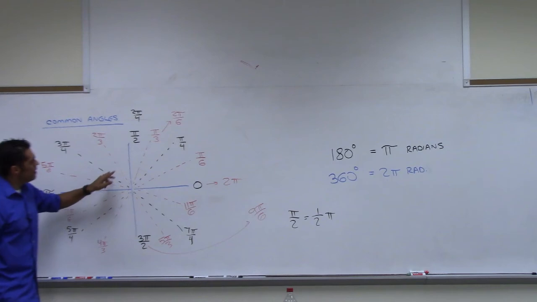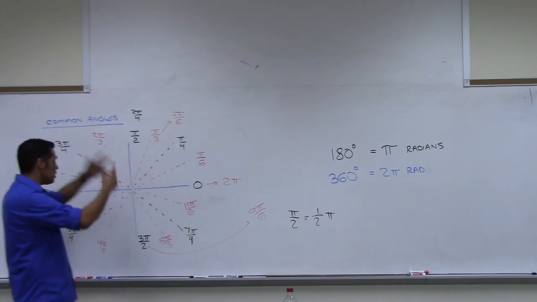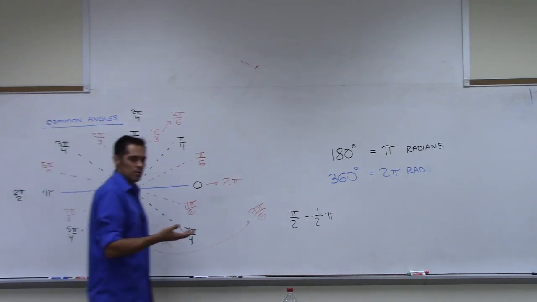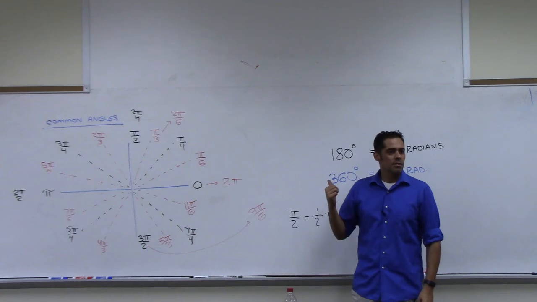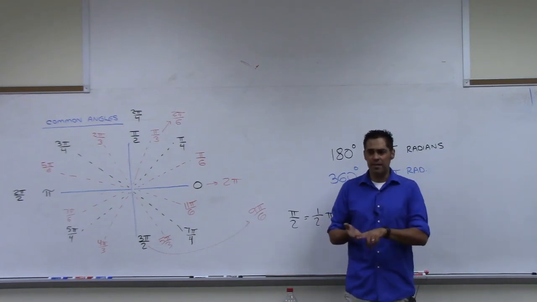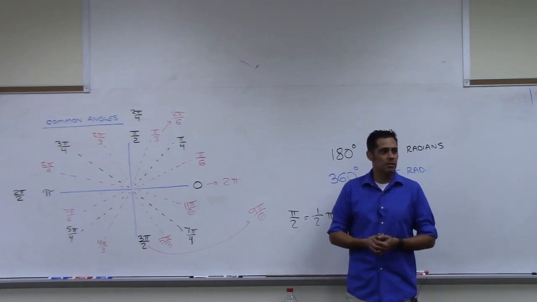Because do you agree that if you look at all the denominators that we have in all these fractions, we've got 2, 3, 4, and 6, right? If you could come up with a common multiple of all of those, then that would account for all of these. So 12 is a multiple of 2, 3, 4, and 6. So if you cut it into twelfths, this would work.